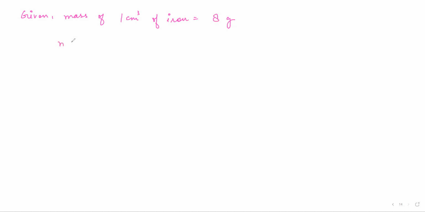So that means mass of this 111532.8 centimeter cube of iron will be equal to 8 grams and multiply by this thing, 111,532.8, right? So you have to multiply this now.